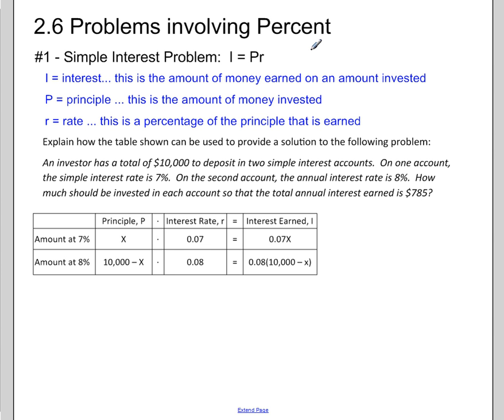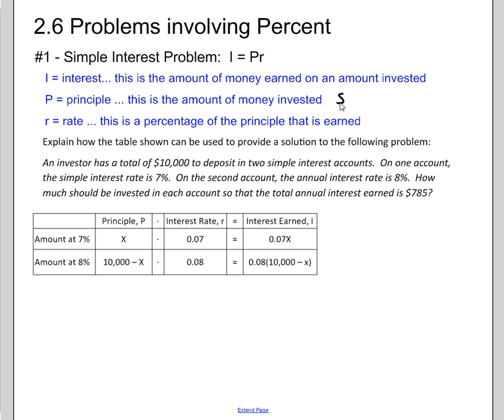What is simple interest? Well, interest, simply stated, is the amount of money that one would earn on a certain amount invested. The amount that we actually invest is called the principal, P. And the rate is the percentage of that principal that we earn on the account. So for instance, let's just say I found a nice bank account in which I could invest a principal of $100.